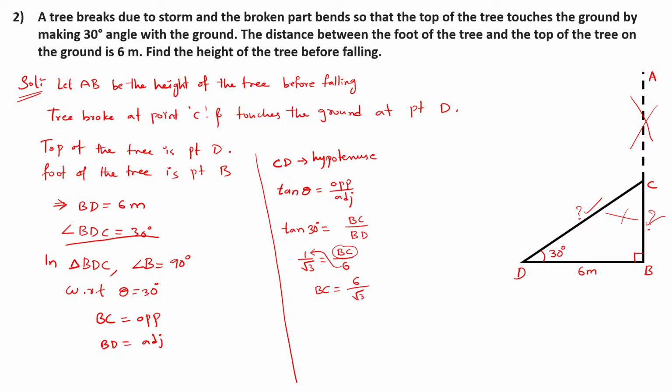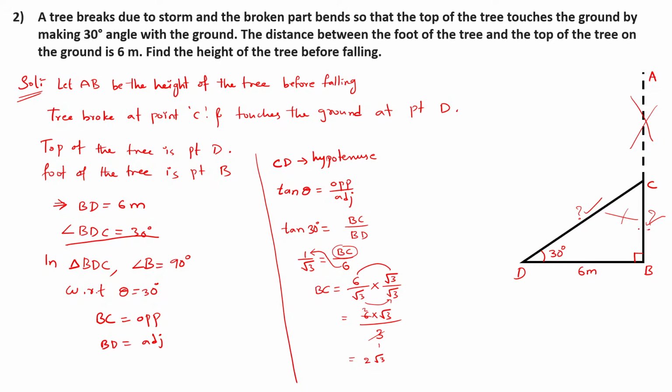Here the denominator is an irrational number, so we have to rationalize that denominator. So I multiply with root 3 and divide by root 3. Now 6 into root 3, we write 6 into root 3 only. Now here root 3 into root 3 becomes 3. Now 3 ones are 3, 3 twos are 6. So the answer is 2 root 3.